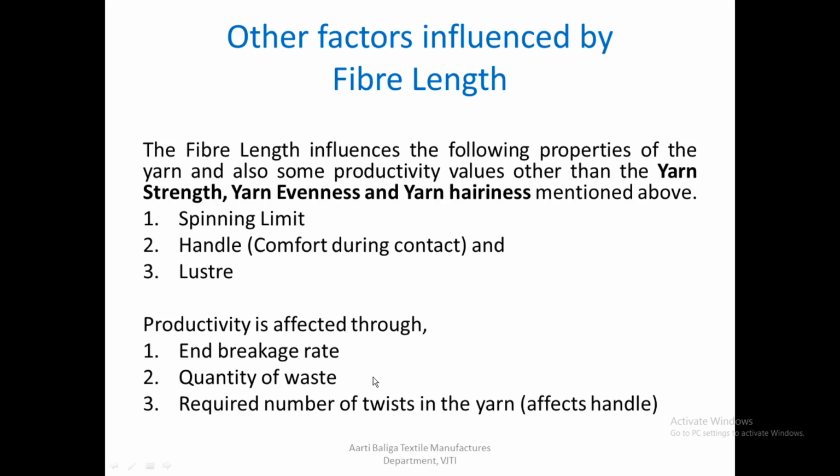If you have a lot of short fibers in your cotton, then the number of twists required to give you enough strength becomes high. And if the twists are high, it affects the handle properties in turn. So they are all interrelated here.